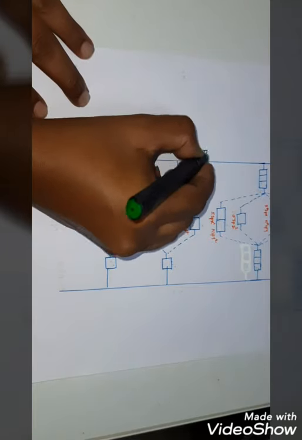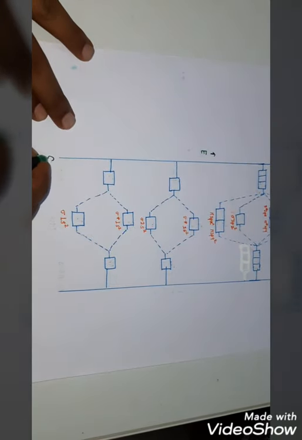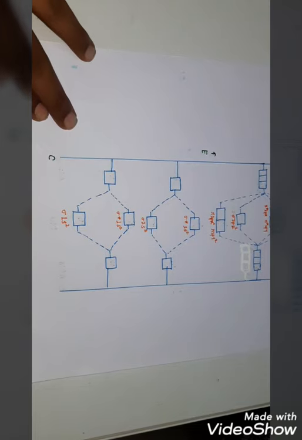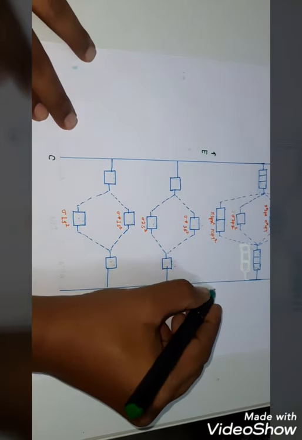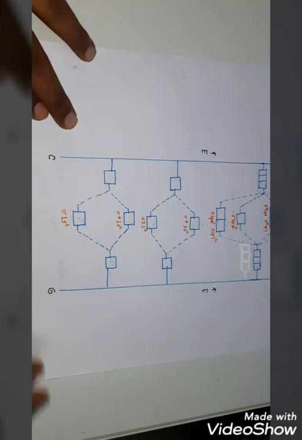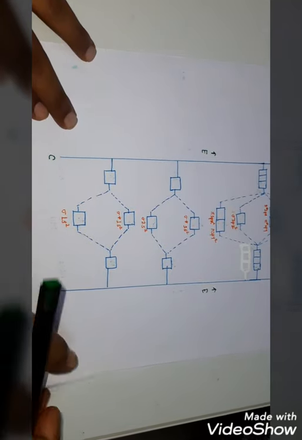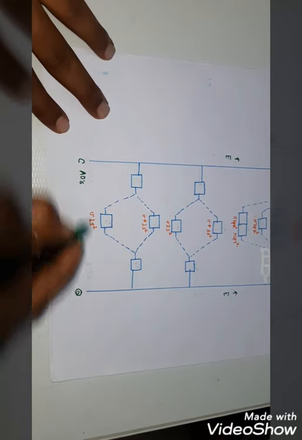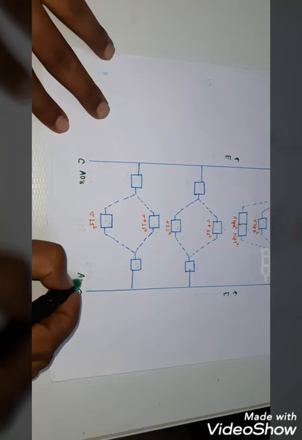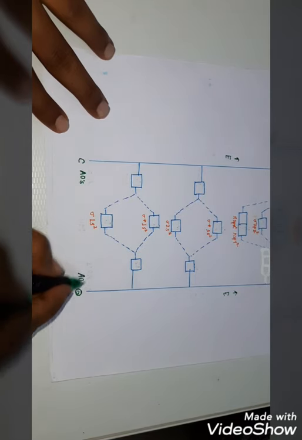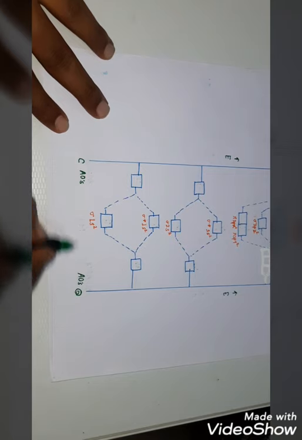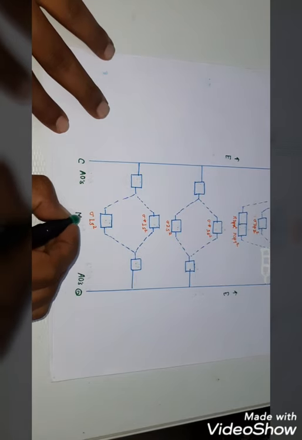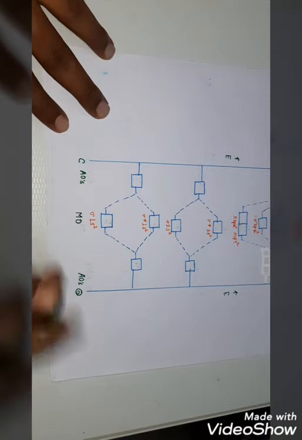This energy pole is for carbon and this energy pole is for oxygen. Here are the atomic orbitals of carbon, and these are the atomic orbitals of oxygen, and both combine to form the molecular orbitals of the CO molecule.